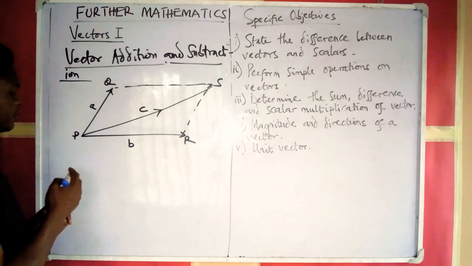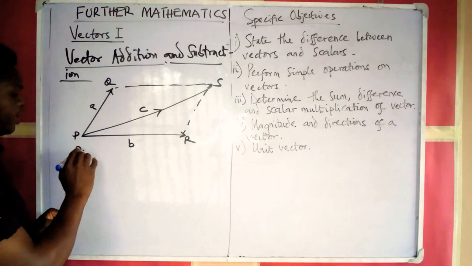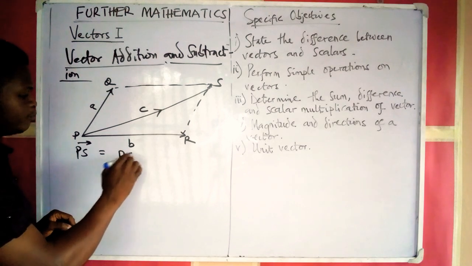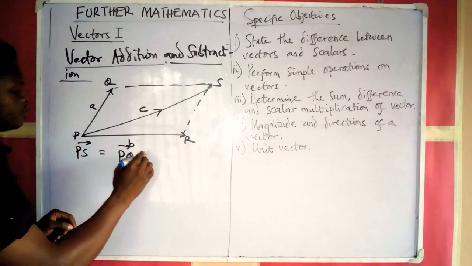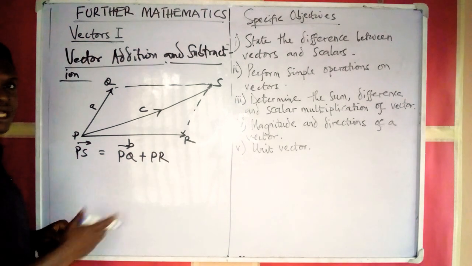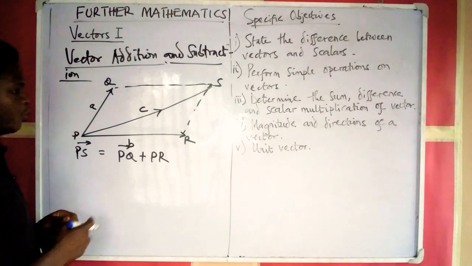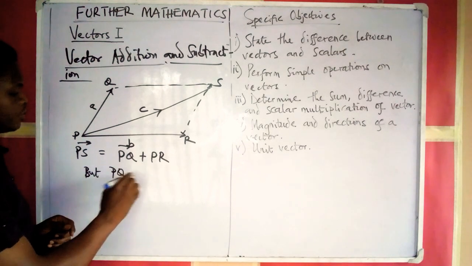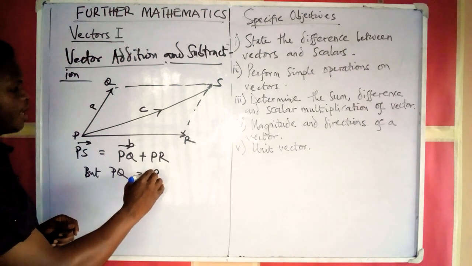So how can we write that? We can write that PS, which is the resultant, is obtained as the sum PQ plus what? PR. Now, looking at what we have here on the board, we already know that PQ is the same thing as what? RS.